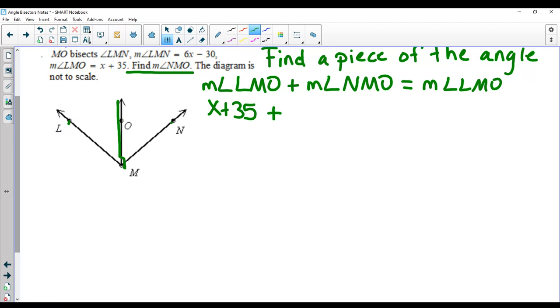But we know that this big angle has been bisected, which means that this small piece is congruent, or the same measure, as that small piece. Okay, so if LMO is x plus 35, that means that NMO is also x plus 35.